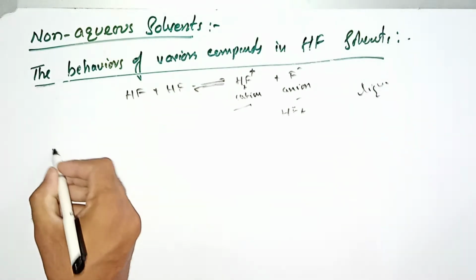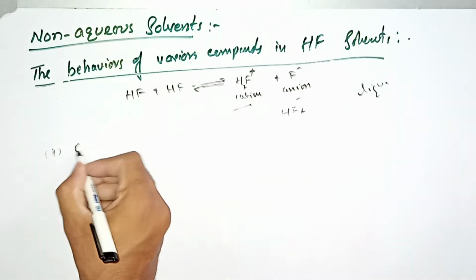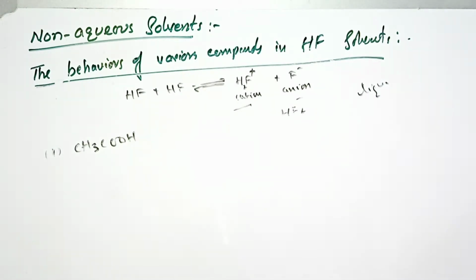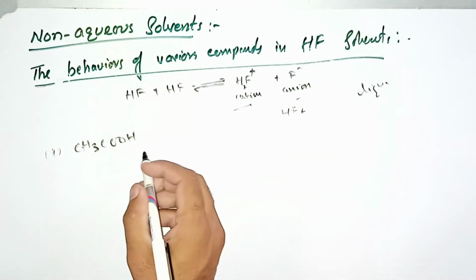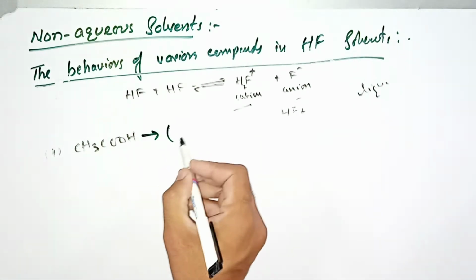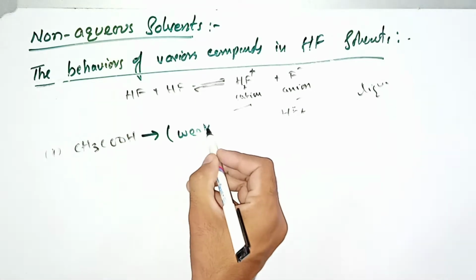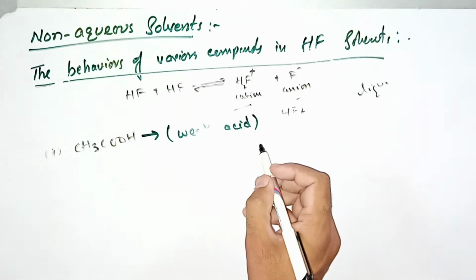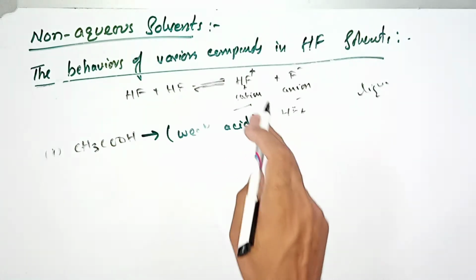For example, acetic acid, CH3COOH. We know that it is a weak organic acid in water, but it acts as a base in liquid HF.